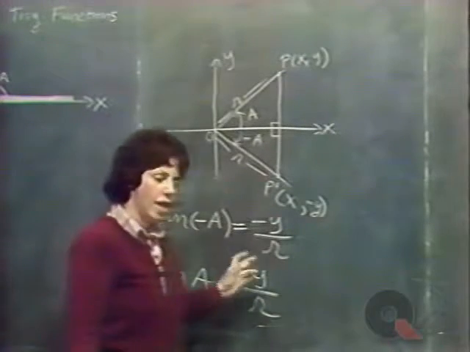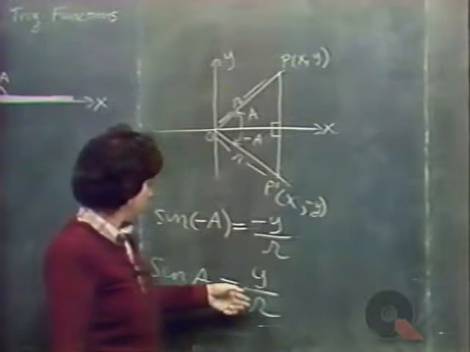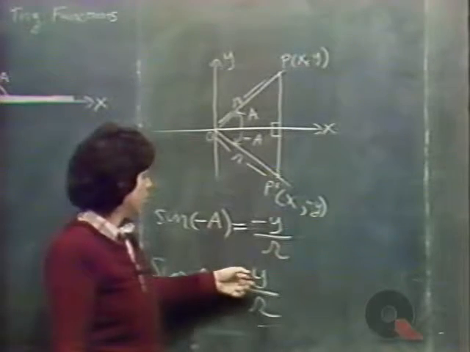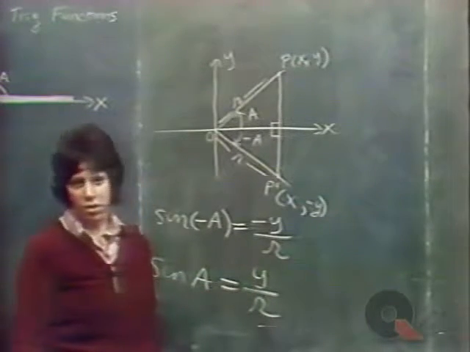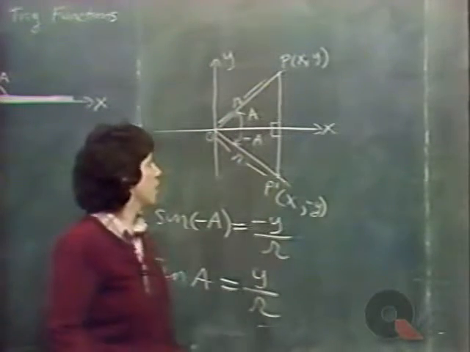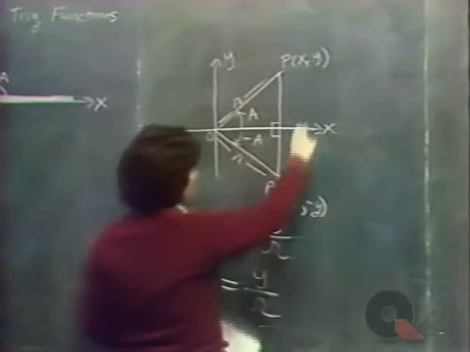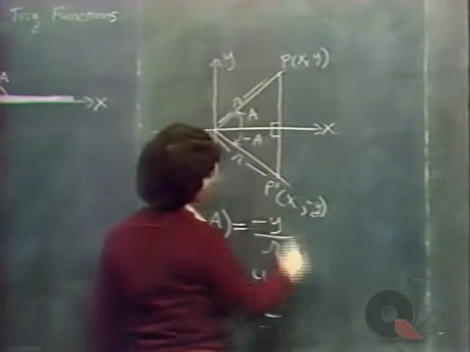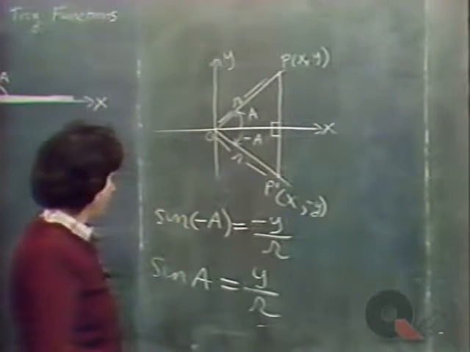Okay, what we do is we take the y-coordinate of the point on the terminal side divided by the distance from the origin. The distance from the origin in both cases is the same. The only thing that changes is that one of the points has y-coordinate plus y, and the other has y-coordinate minus y.